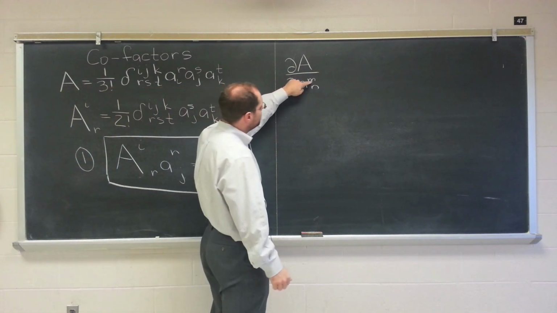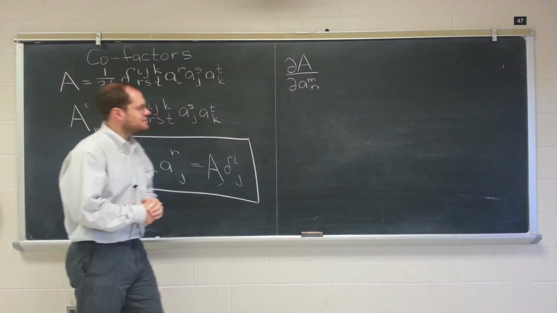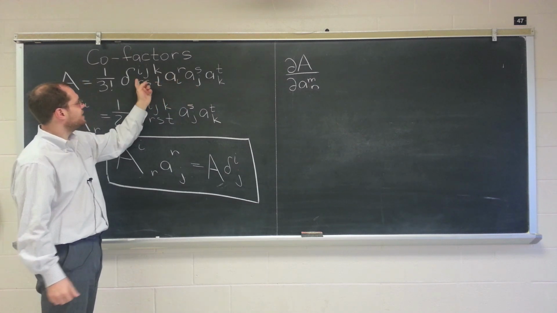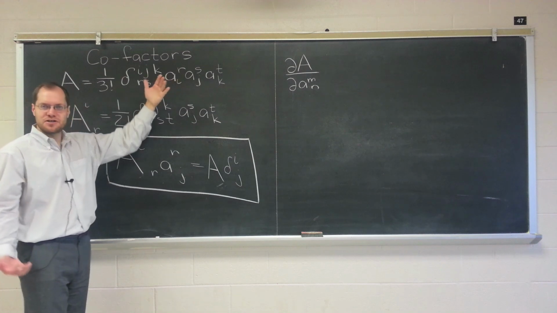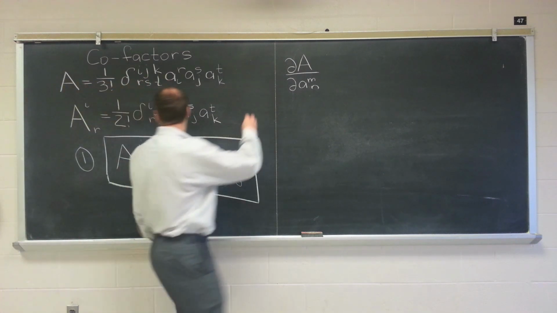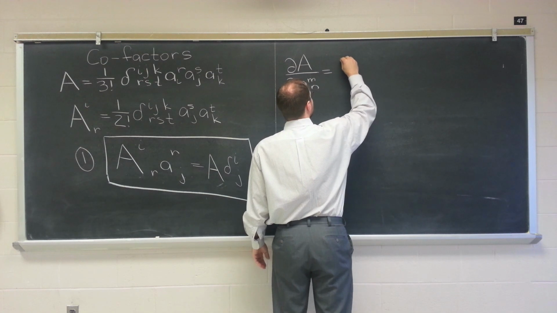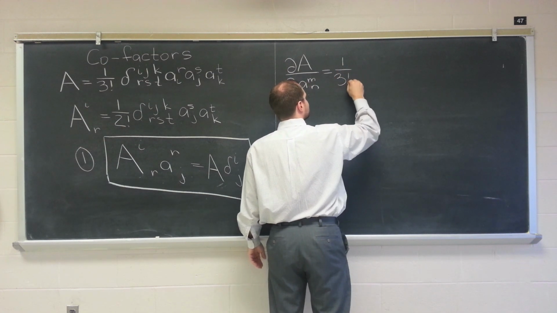Because here M is on the bottom and N is on the bottom of the bottom, which we can think of as the top. And we need two new letters because all of the letters I, J, K and R, S, T are dummy indices in this expression, so no longer available. Okay, so if we write down this definition, 1 over 3 factorial comes out.